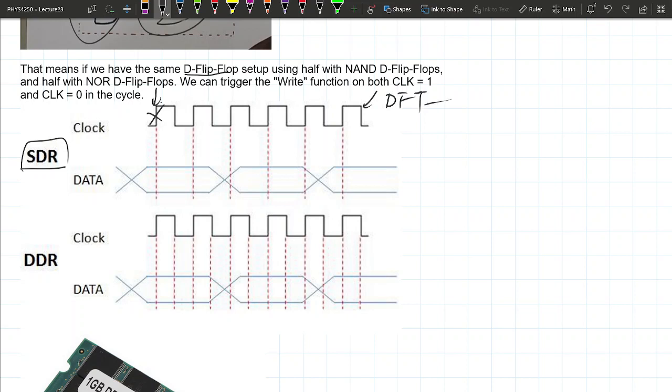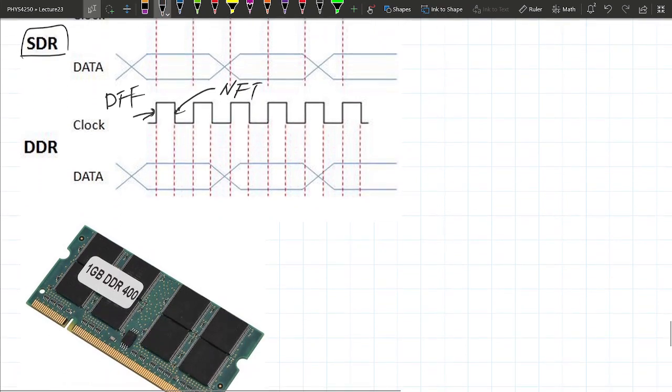But the clock not only goes up, it also goes down. It goes up and down twice per cycle. So if you connect your D flip-flops to the up part, and when your clock goes down you use your NOR flip-flops, now you can access your memory twice per cycle. And this is why there are these things called double data rates.